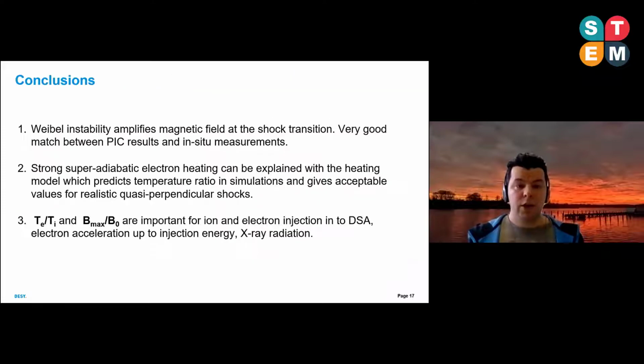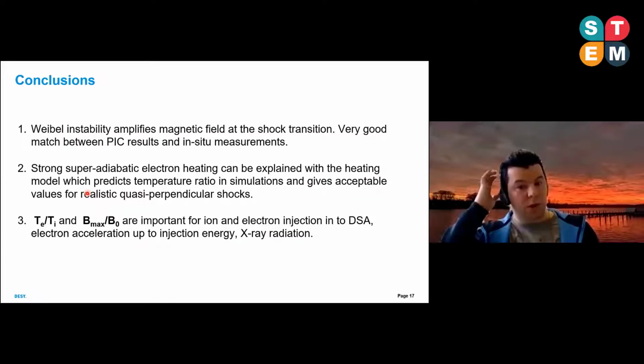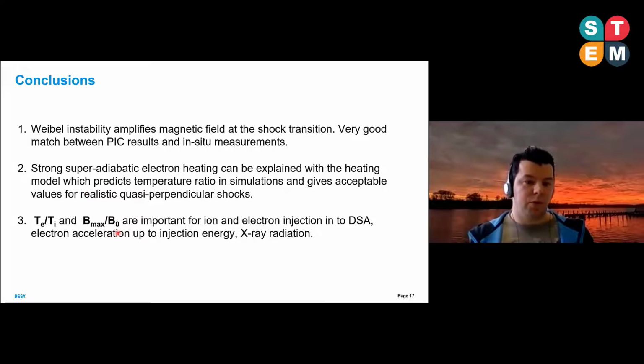Going to the conclusions, these matches between simulations and in situ measurements, both for temperature ratio and for the magnetic field, show the power of this method: the combination of PIC simulations, which can treat a plasma as fully as possible, with theoretical plasma physics, where you solve dispersion relations for different instabilities, and data analysis, particle tracing, and all these things combined together.